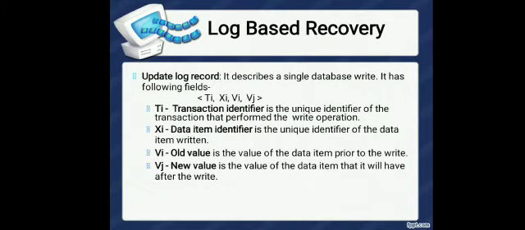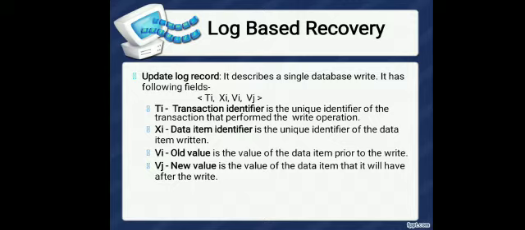We can make a log record with 4 fields: transaction identifier, data item identifier, old value, new value, that is Ti, Xi, Vi, Vj. The transaction identifier is a unique identifier for the transaction which performs a write operation.